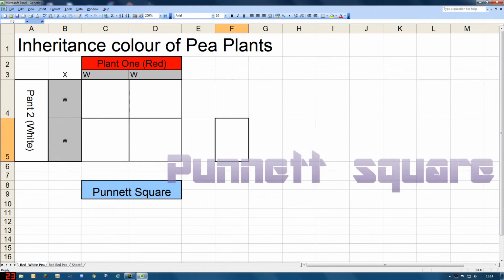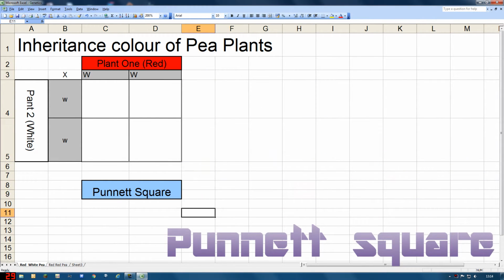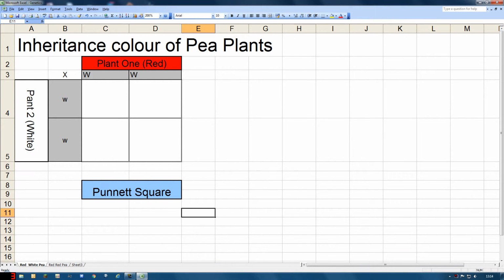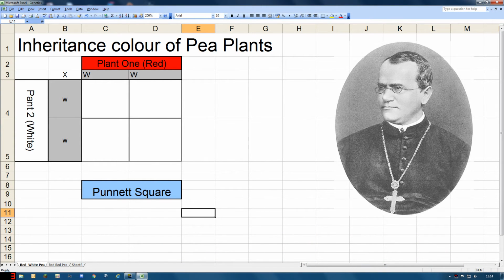So one of the key tools that we're going to use is this thing here that's called a Punnett Square, which helps us to look at those possible predictions and the percentage outcome that we're likely to have. It's fairly simple to understand.